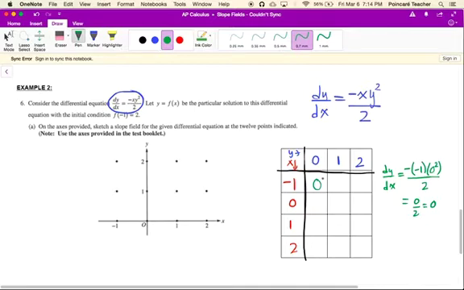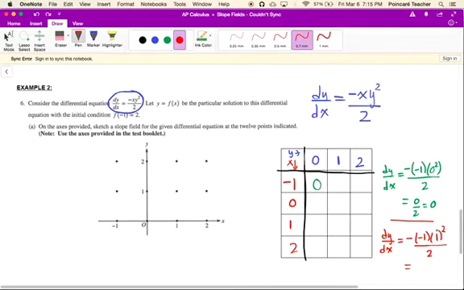I'll do one more. Say I want to find the slope of the line at the point negative 1, 1. So we'll have dy/dx equals negative, my x is negative 1 and my y is going to be 1, so negative times negative 1, times 1 squared, over 2.